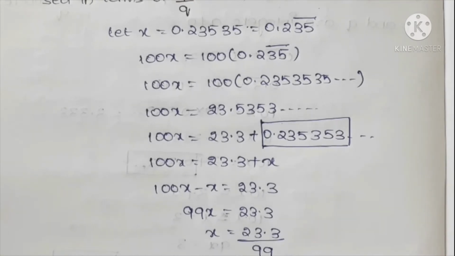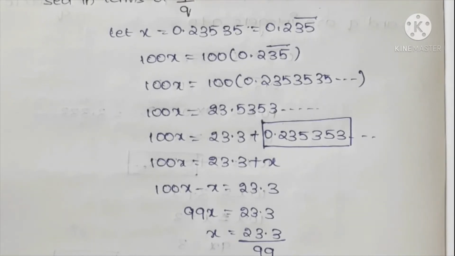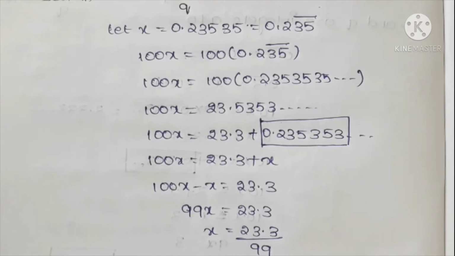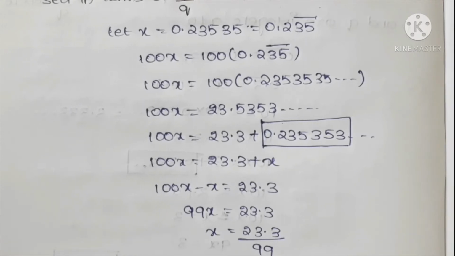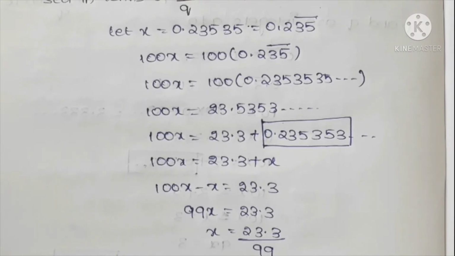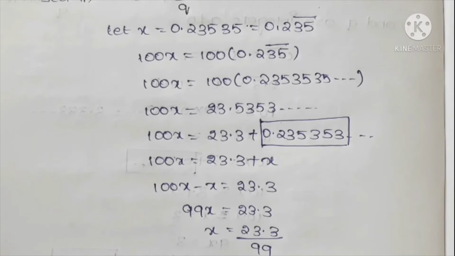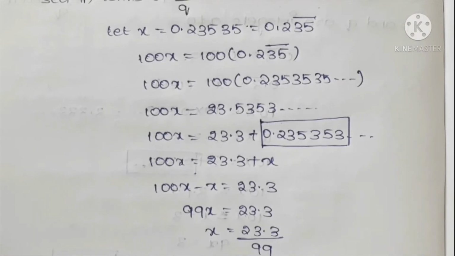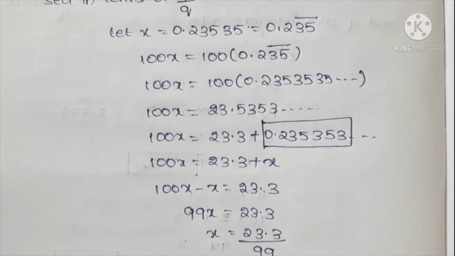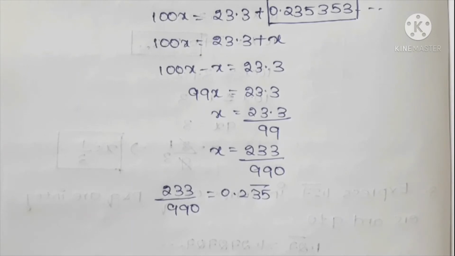That is x equals 233 by 990. That is, 233 by 990 can be represented as 0.235 bar as shown here. And this is about the fourth question, that is fourth example.